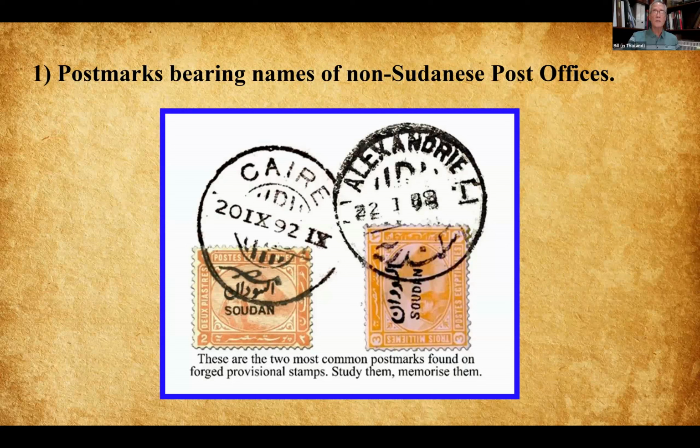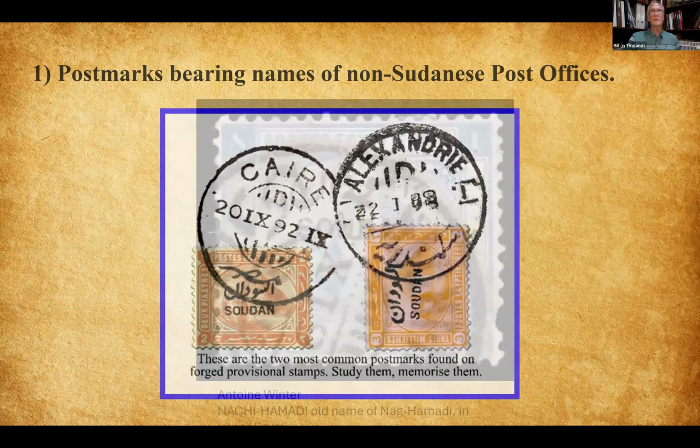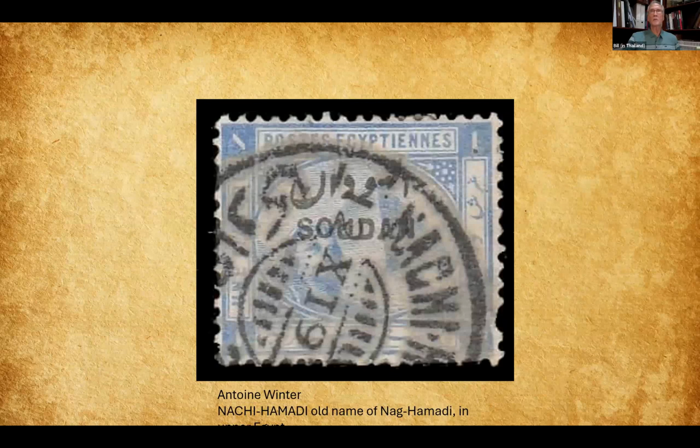There are exceptions, as some receiving post offices may add a postmark to the front of the incoming letters, while most are applied to the back. Here's an example of a genuine overprinted provisional stamp with an Egyptian post office cancel. Again, forgive my pronunciation, Nachi Hamadi, the old name for Nag Hammadi in Upper Egypt.